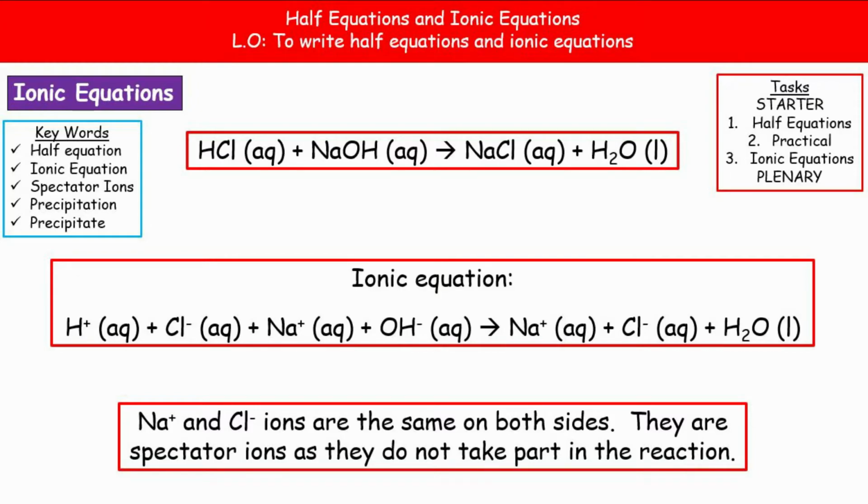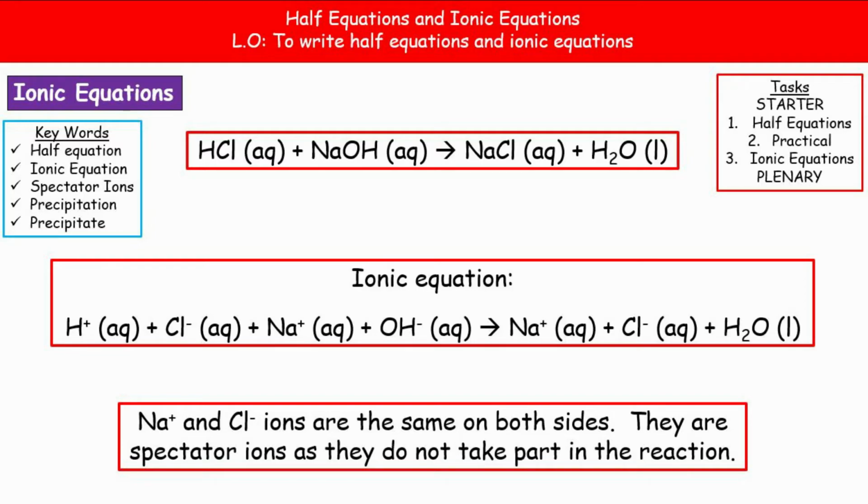So there's our first 2. Then NaOH is made of Na+ ions and OH- ions, hydroxide ions. That's going to make Na+ ions and Cl- ions in our sodium chloride and water. Now remember, water isn't an ionic molecule, so we just leave that as H2O. So that's the complete ionic equation.